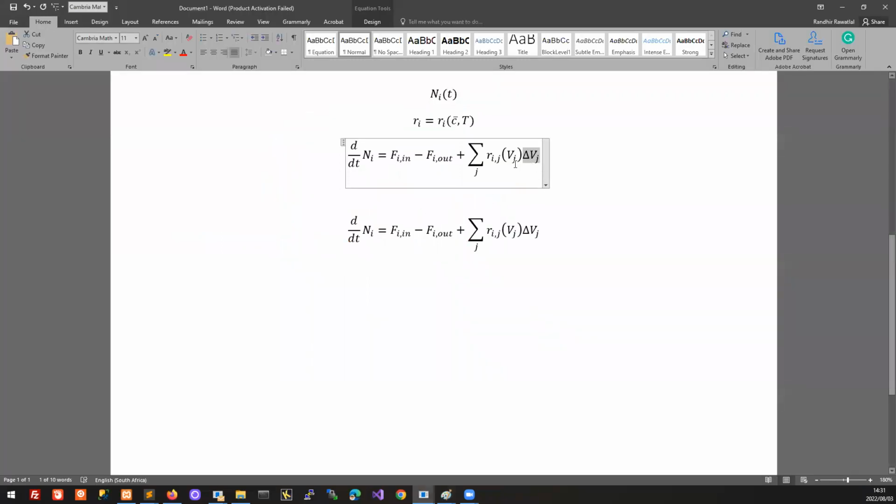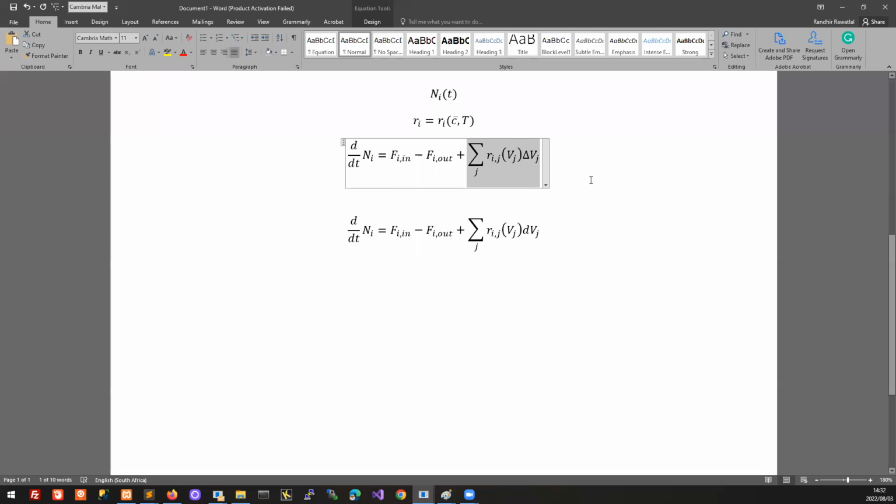But strictly speaking, we want to do this in a differential sense. So we take an infinitely small volume, dV like that. And if you look at this, this should remind you of a Riemann integral. So that's what you're referring to, right, Sanele?